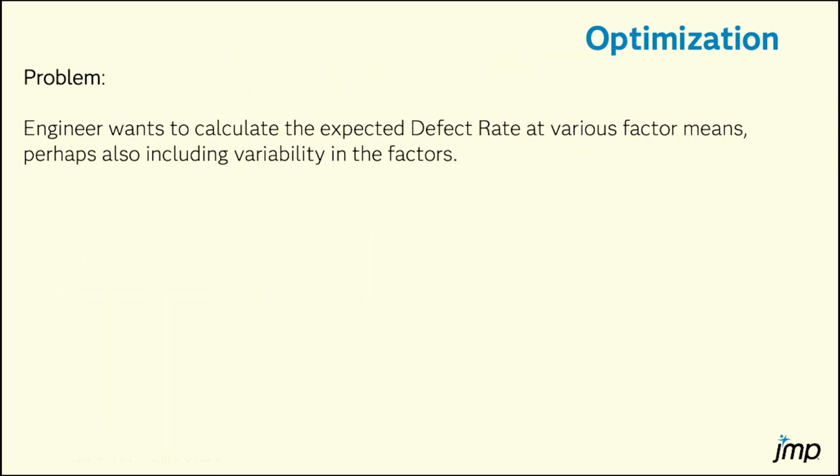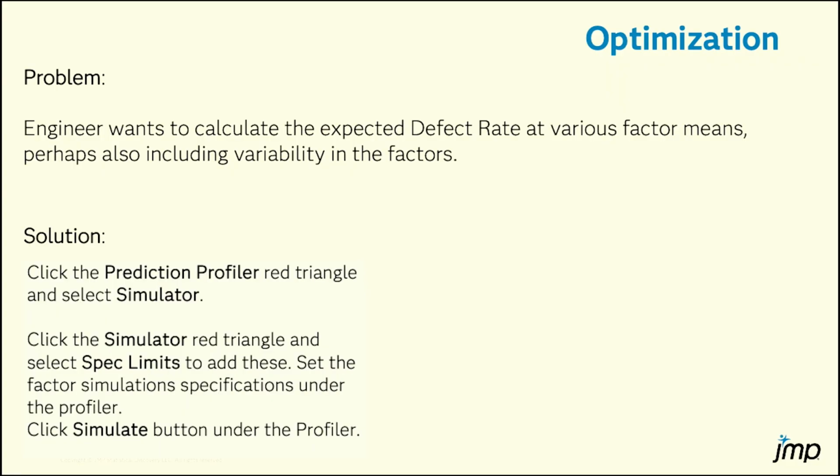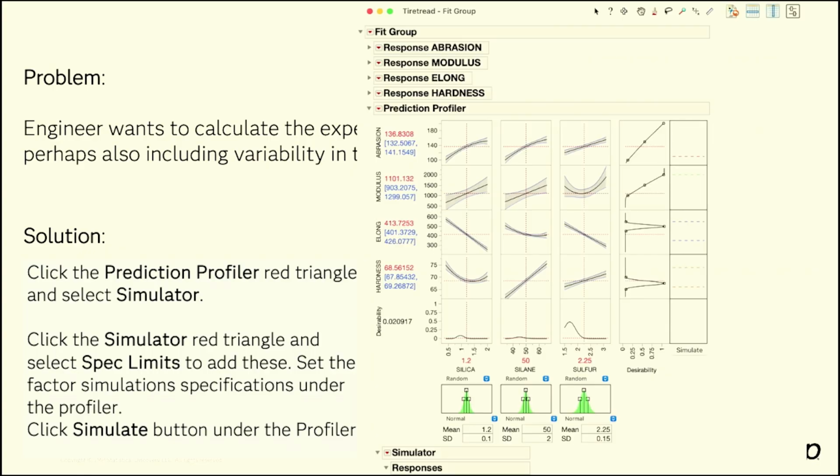When you are simulating, if you have spec limits on your response, you can also calculate the defect rate. How often do you not achieve your spec? So as long as we've got spec limits, we can use that simulate to explore our defect rate that we expect based on adding noise in the factors, potentially noise in the responses.